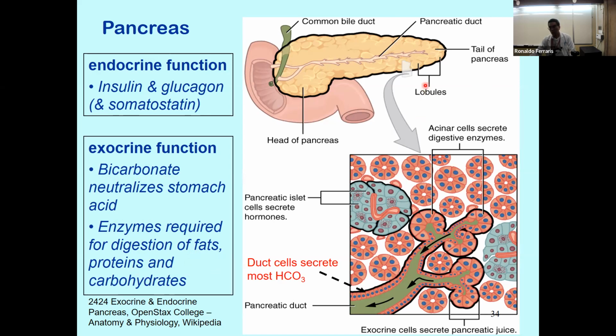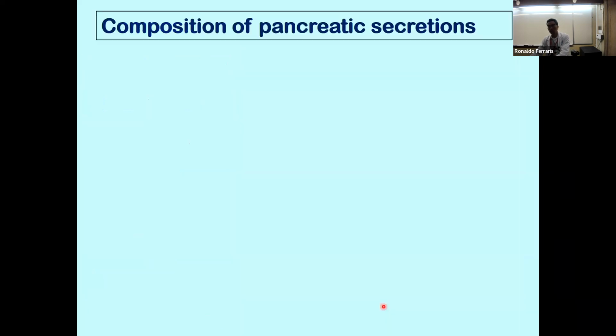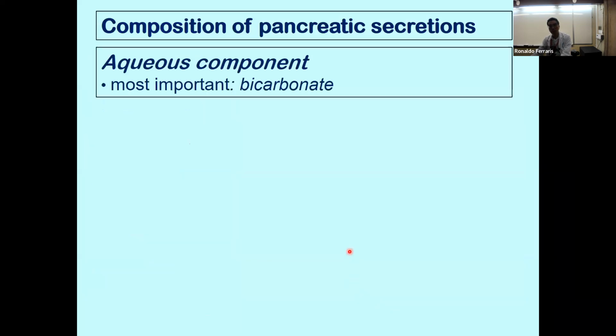If you make a histological section of a pancreas, this is what you see. It's like a salivary gland in a way. These are your acinar cells, and they make digestive enzymes. And these are your duct cells lining the pancreatic ducts, and they secrete bicarbonate, as depicted in a later slide.